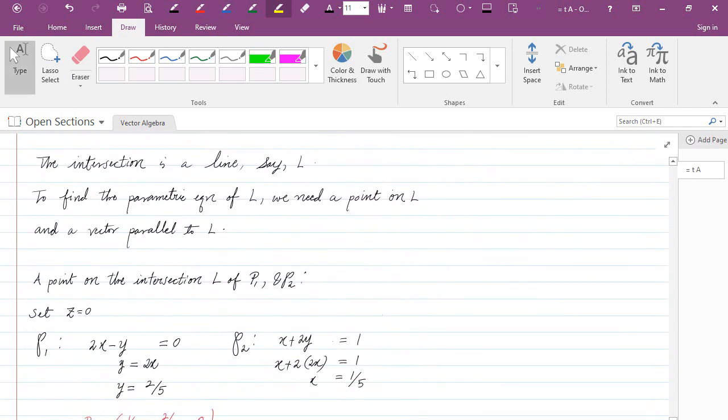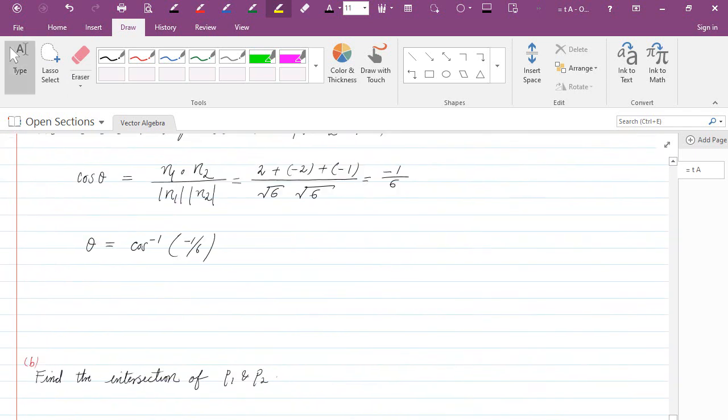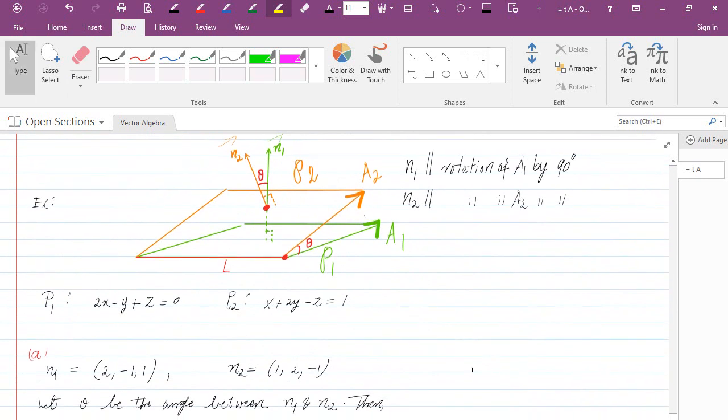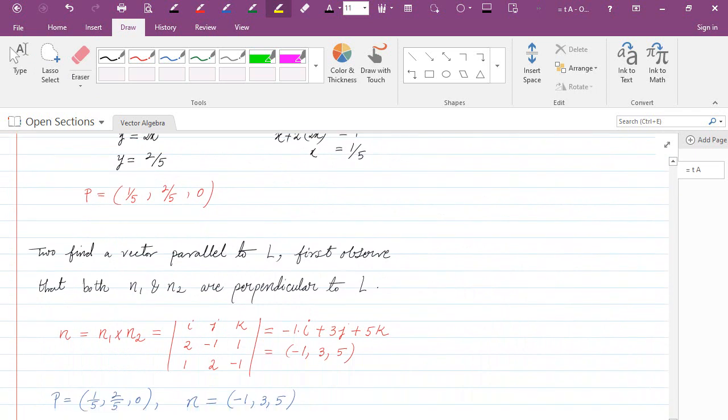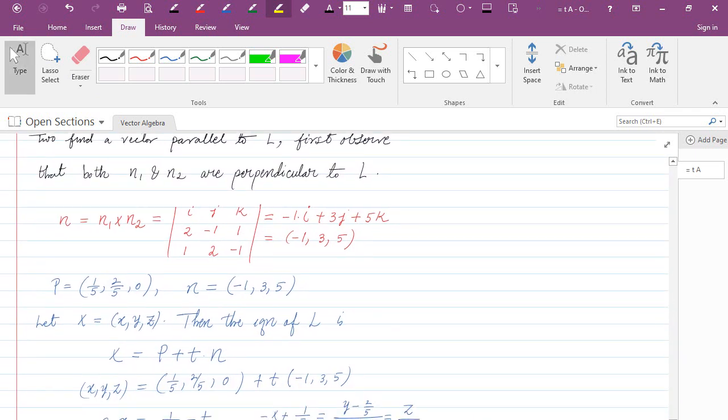So we take the cross product of N1 and N2. We already have seen that for the given planes, N1 and N2 are these two vectors. So we take their cross product now. The cross product would be given by the determinant of i, j, k, where the first row is N1, the second row is N2, and then we compute this cross product.